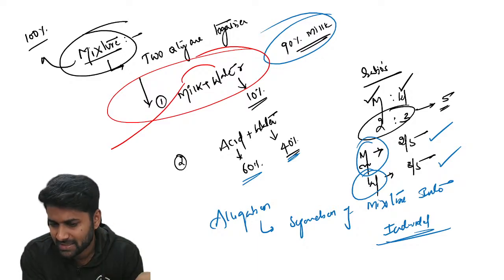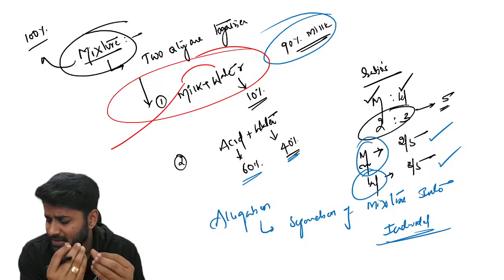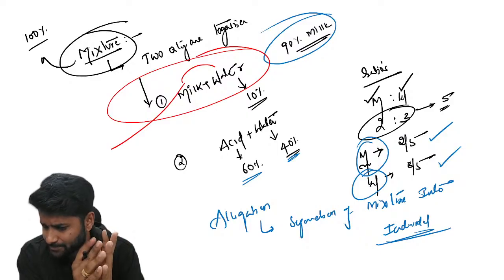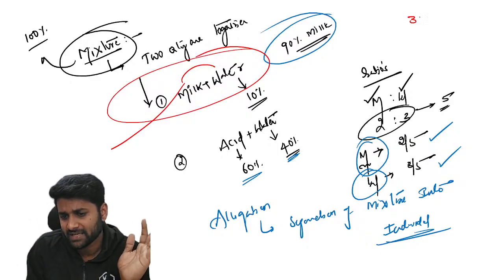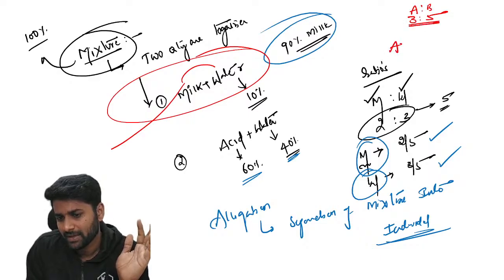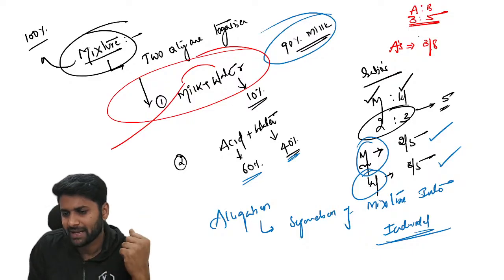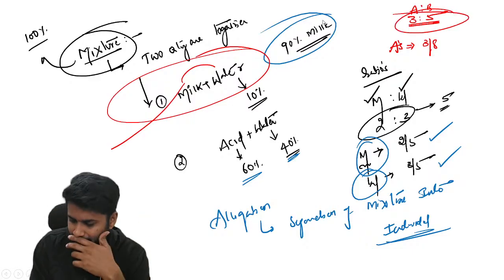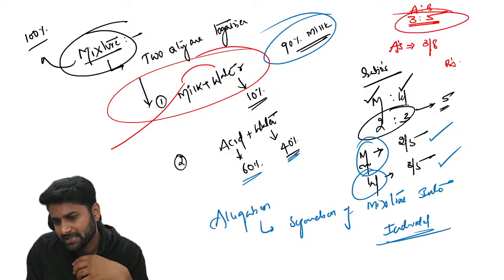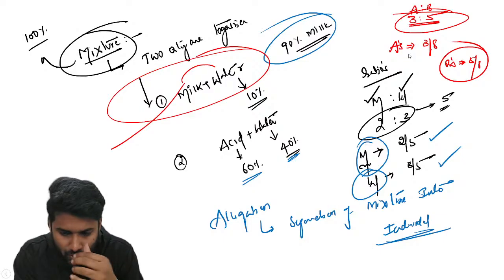If one element is 20%, definitely the other value should be 80%. In the same way, if it is given as a ratio of A is to B as 3 is to 5, here A's concentration is 3 by 8. You get the denominator 8 from the sum of 3 plus 5. In the same way, B's value is 5 by 8. So hope you understand.